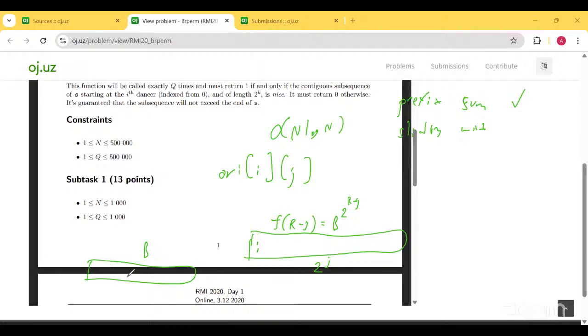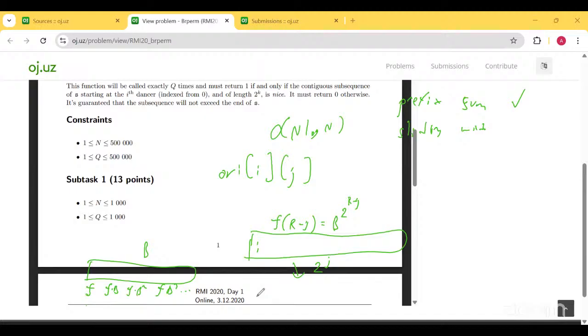If we use that, this is multiplied by f, this is multiplied by f times p, then f times p square, f times p to the 3 and so on.